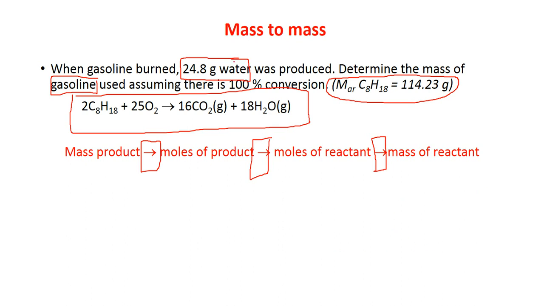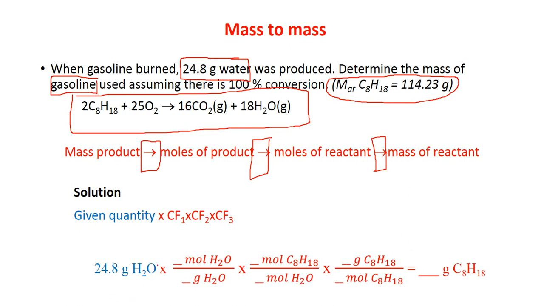The first unit is grams water, which means the first conversion must have grams water in the bottom, so that grams water will cancel with this grams water. So let's see how we can arrange this problem. So here we have our given quantity times conversion factor 1, conversion factor 2, and conversion factor 3.